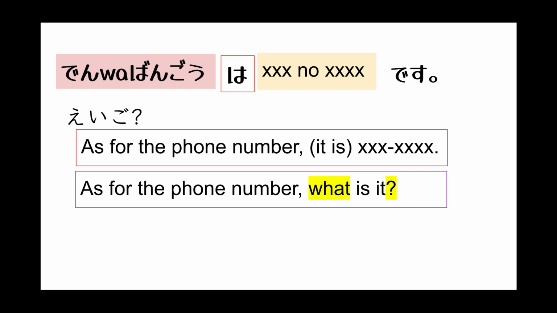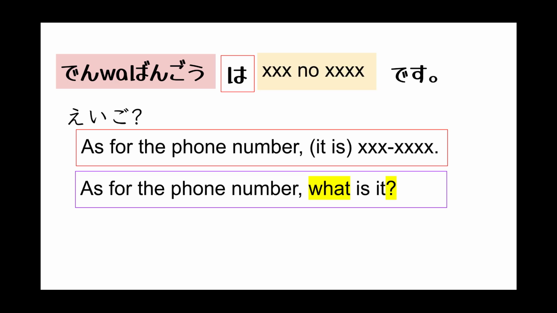So instead of 電話番号は blank です, you're not changing the structure, but you're replacing the number with nan, and you're going to add ka, which is another particle you're going to learn.